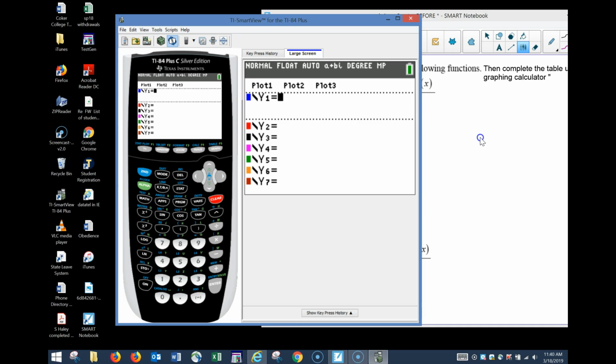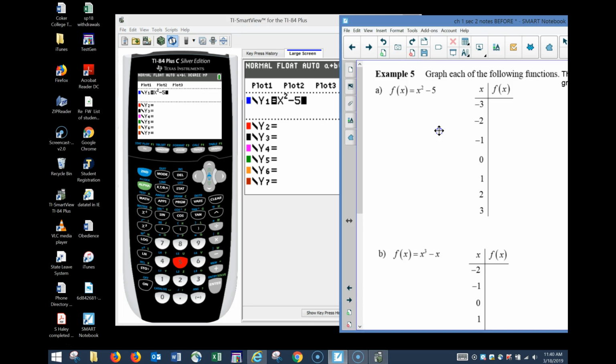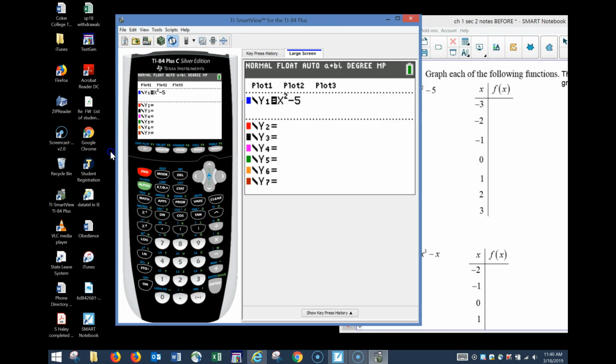So, x, then the squared, and subtract the 5. Once you've got it typed in correctly, you can go straight to the table now. You don't have to change that ask every time. It'll stay set up. So to the table is second graph, second table.